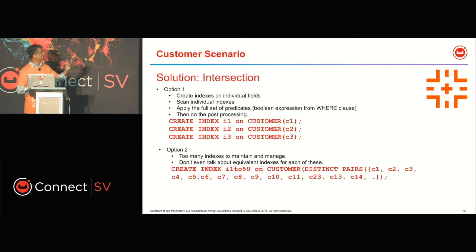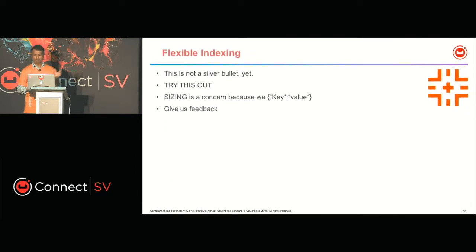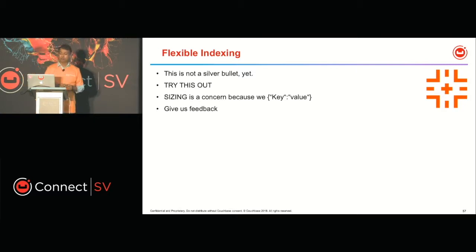You can create an index on individual keys, so you only need to create 50 indexes. The optimizer will choose individual indexes and do the intersection or apply Boolean algebra on top of it. Again, due to lack of time, I won't go into too much detail, but this is not a silver bullet yet.